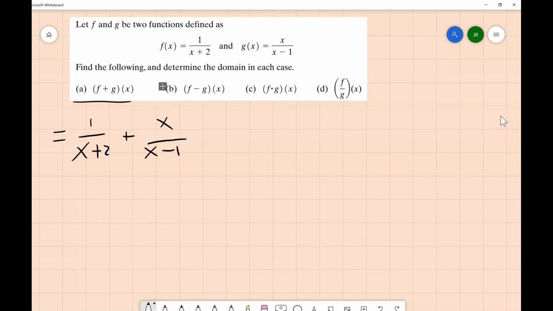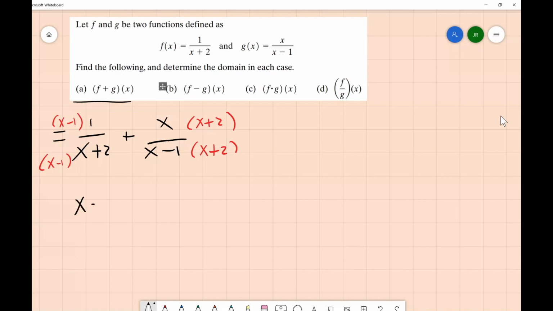And I want to simplify that expression. The way I do that is by getting a common denominator. So I'm going to multiply this by x plus 2 on bottom and top, and multiply this one over here by x minus 1 on bottom and top. That way my two denominators will be the same.